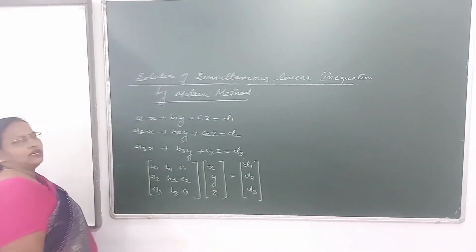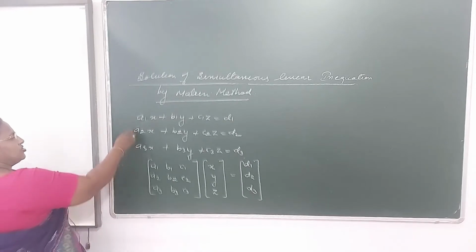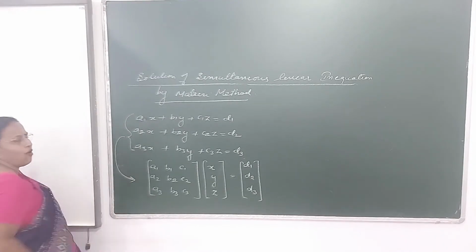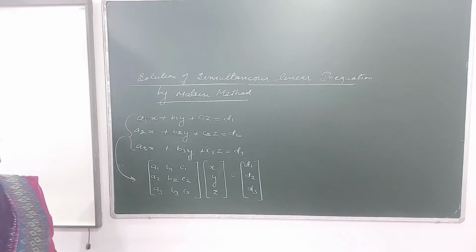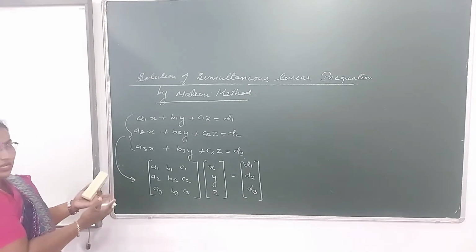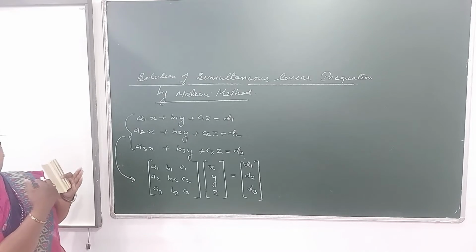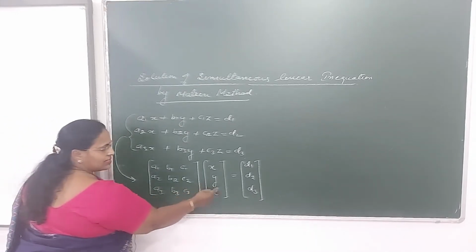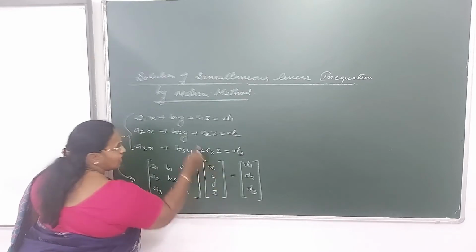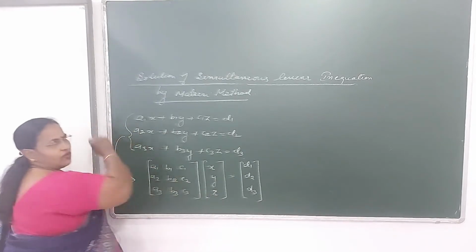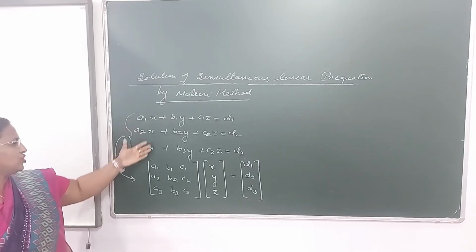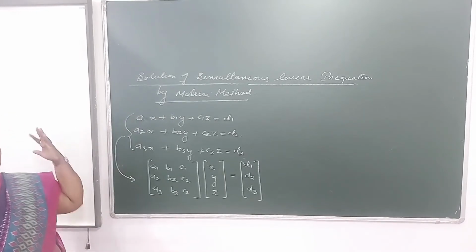Now see the matrix. These three equations you can write in this particular form. Now the question is whether we can write it or not. Yes, we can. When you multiply the two matrices and compare with this, you will get all three equations.